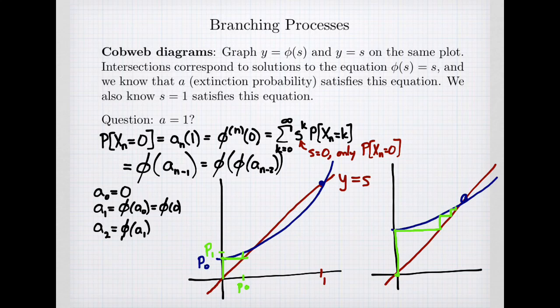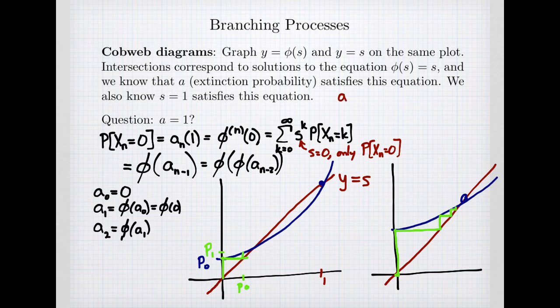And so the key fact that we get out of this is that my sequence A sub n will always converge to the smallest solution to the equation A equals phi of A. And so this is what allows us to do our calculation.